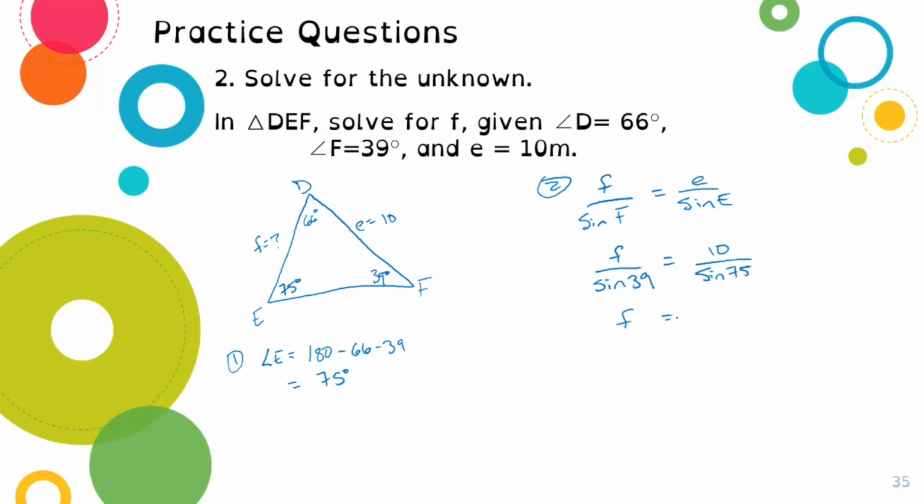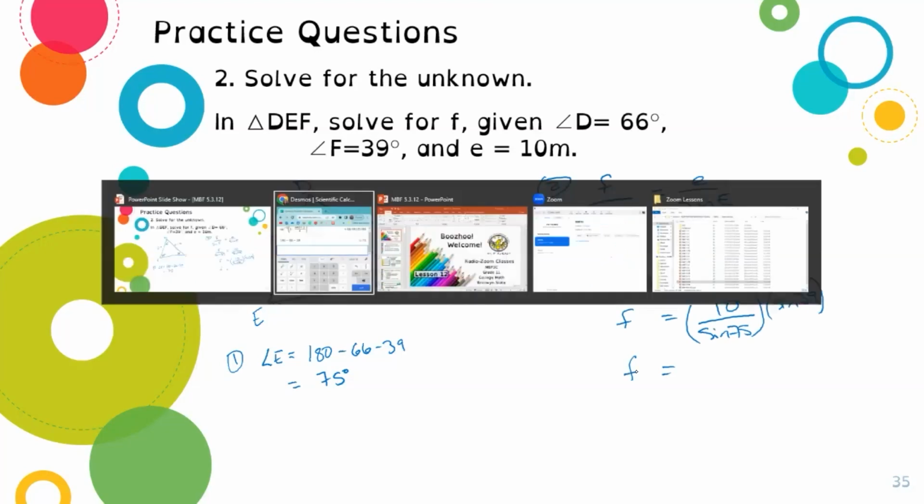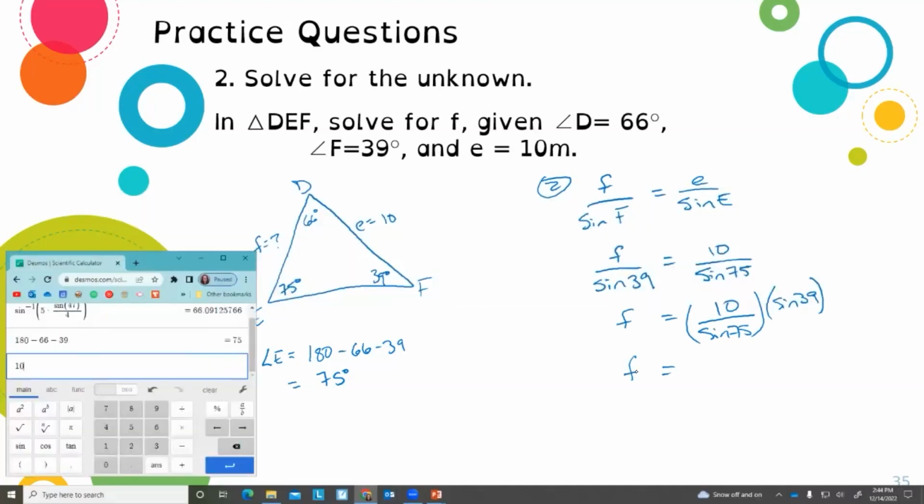So F is equal to 10 over sine 75 times sine 39, because I multiplied both sides by sine 39, not by 39, because multiplying by 39 would be different.